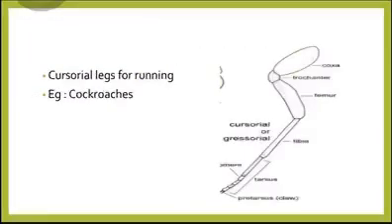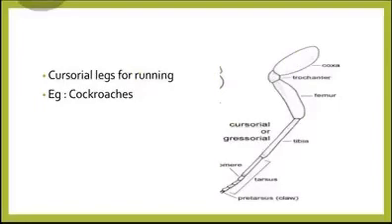Then coming to the cursorial type of legs, which are used for running. Example, fast moving insects like cockroaches. Now here, in the diagram it is very similar to that of the ambulatorial leg, but the alignment or the position of the leg differs.